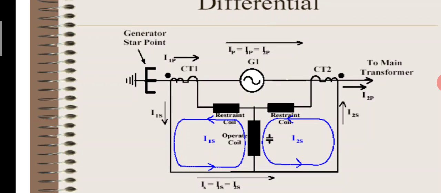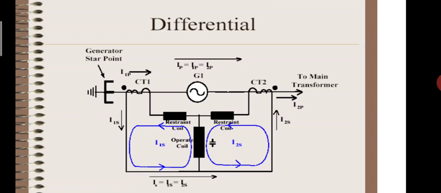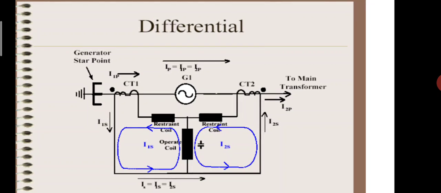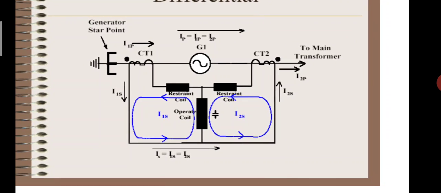This line is the bus bar, and CT1 current transformer is connected to generator G1, and these are connected to CT2 current transformer going to the main transformer. So I1P is equal to I2P. This is the differential protection transformer diagram.